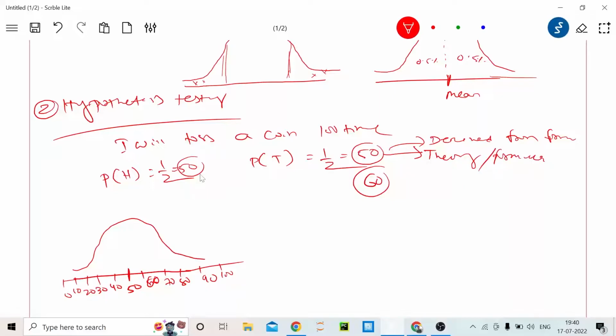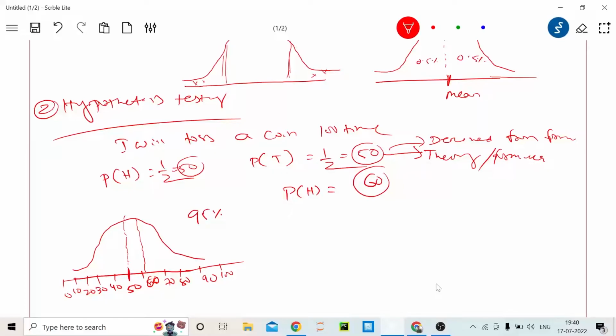But when we do the experiment and toss the coin 100 times, we get 60 heads. Our mean is 50, and our value is coming out like this. In hypothesis testing, let's say a 95% confidence interval is accepted.